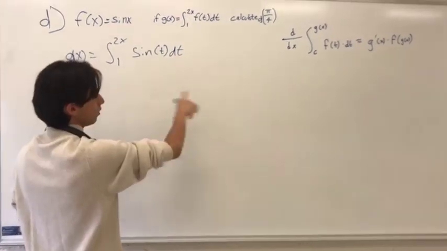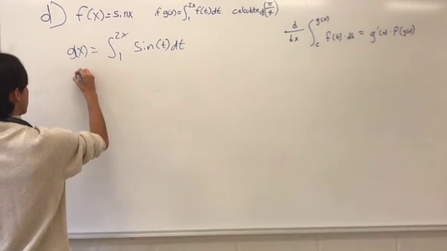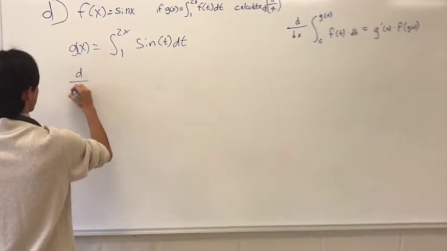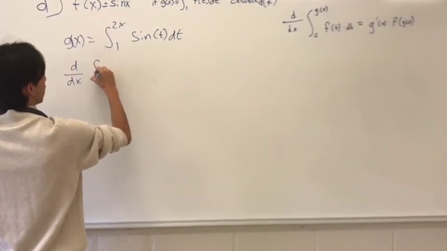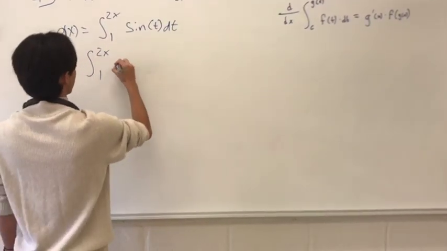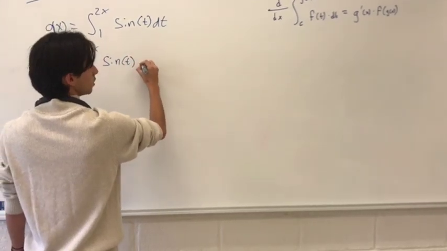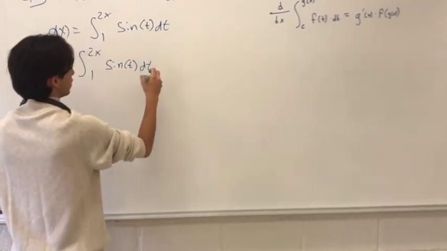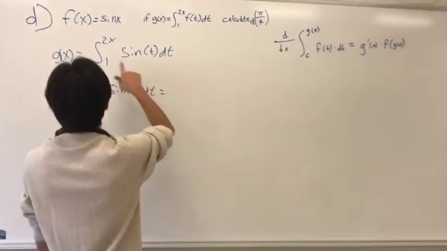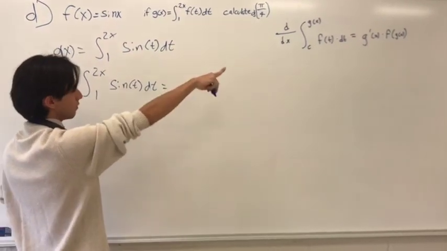So to take the derivative, we need to use that formula. So we do d over dx of the integral from 0 to 2x of sine of t dt. And this is equal to, we know that g of x is 2x because of the formula.